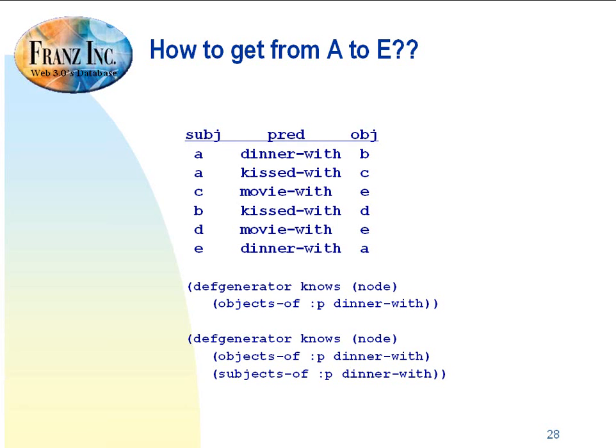In graph language, if you have a node, take all the things that dinner with points to. Well, in this case, this generator knows would not get me from A to E, because A gets me to B, but that's it, there's no other one. And at the end I have A dinner with E, but I'm only pointing outwards.